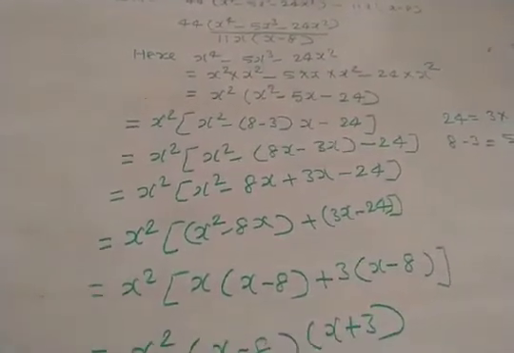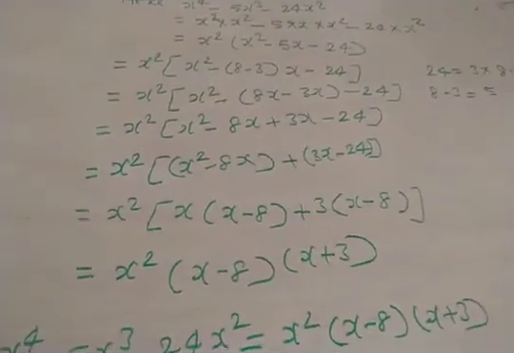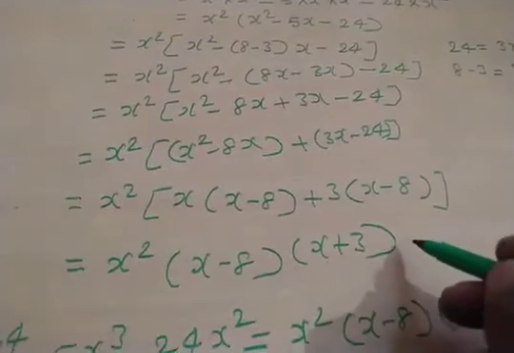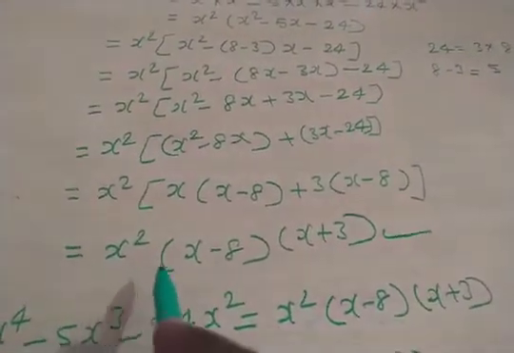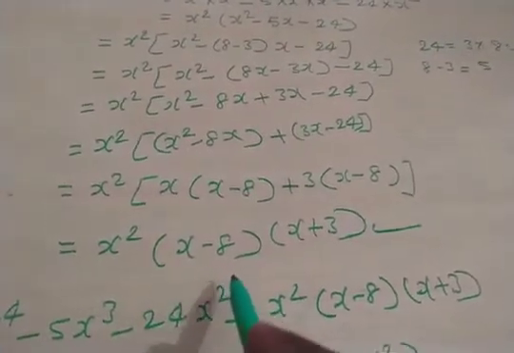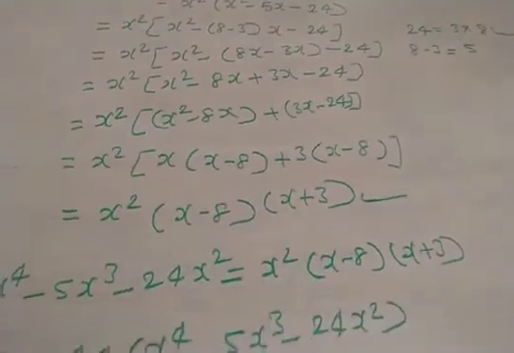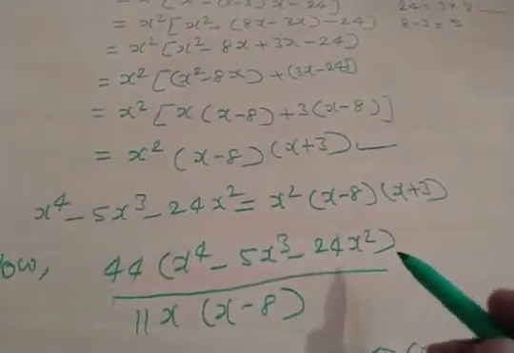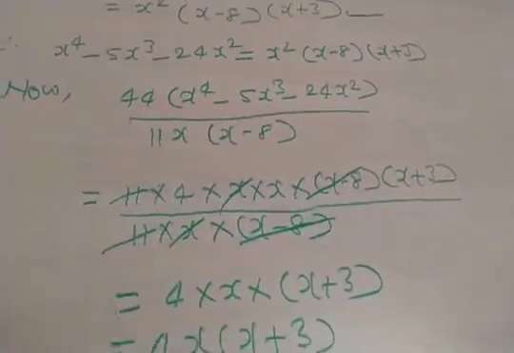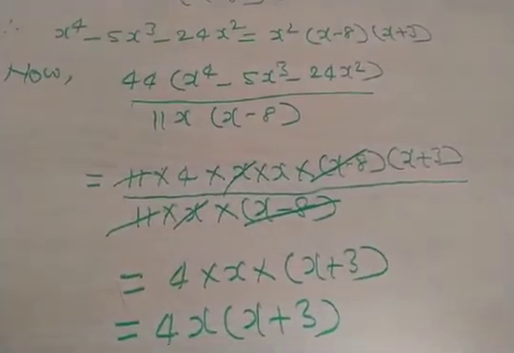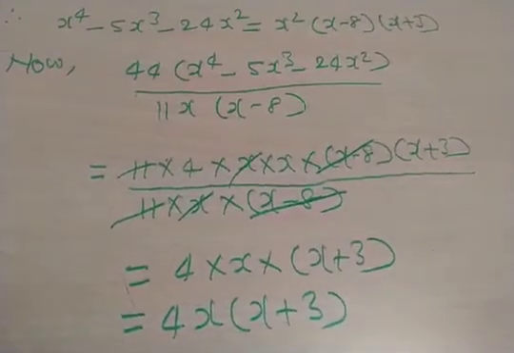We obtain the factorization of this expression is x square into x minus 8 into x plus 3. Okay, and put the value up here. So we obtain the result is 4x into x plus 3.